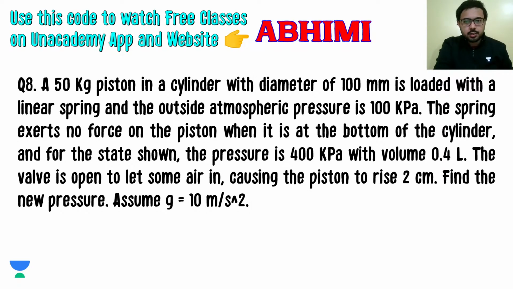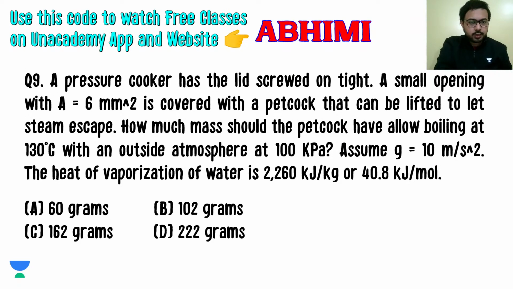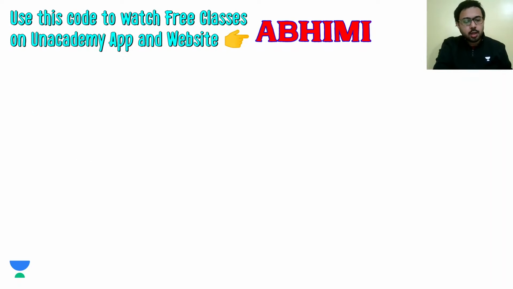Then we have this question where we have this spring piston question that we did one of in today's class. And we also have this other question where we are going to use the Clausius-Clapeyron equation and get this question's answer.